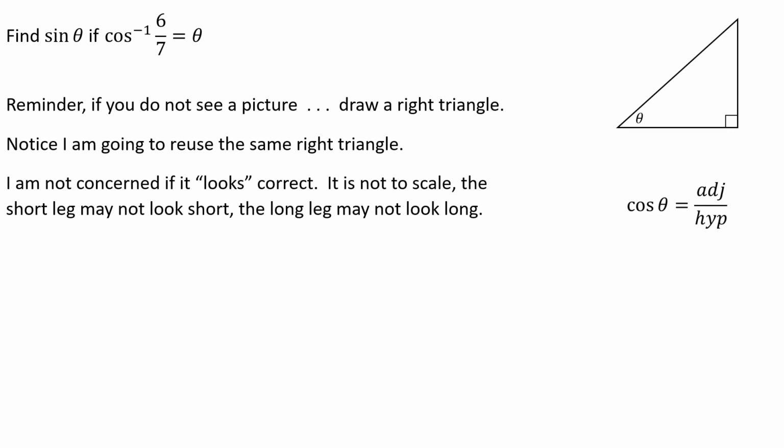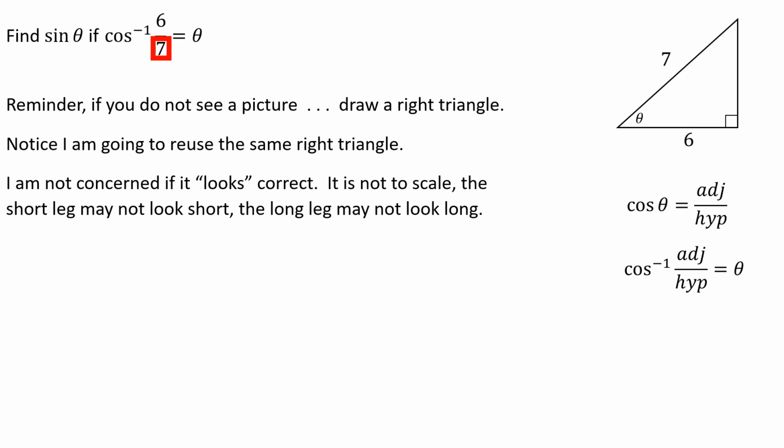Okay, so cosine is adjacent over hypotenuse. So inverse cosine of adjacent over hypotenuse has to equal theta. So 6 is my adjacent side. 7 is my hypotenuse.